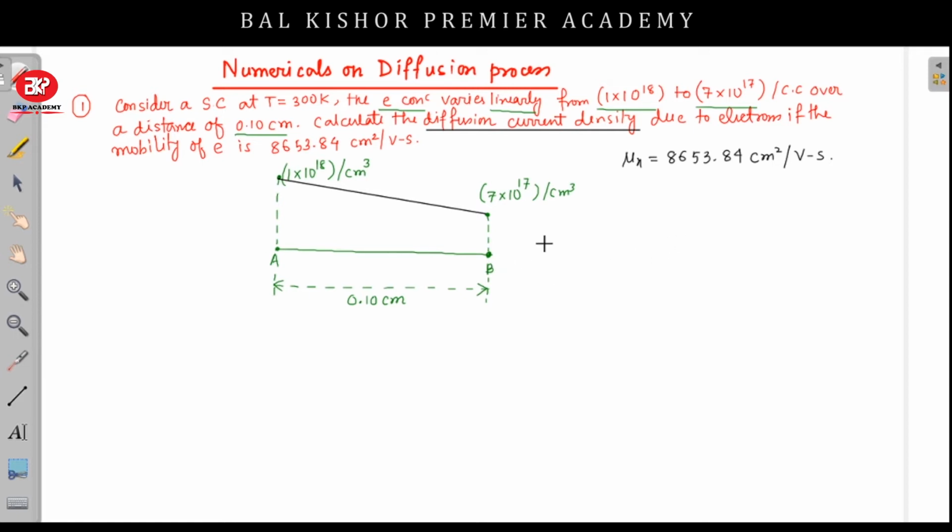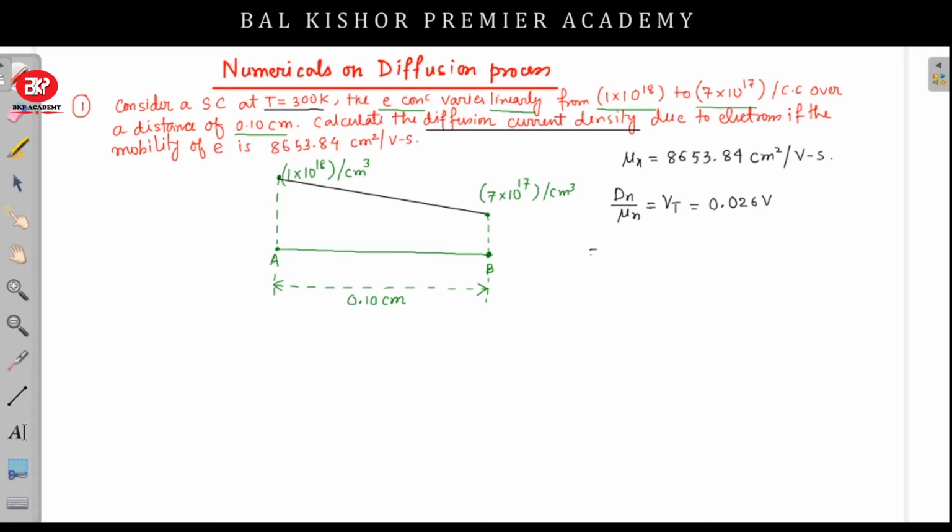According to the Einstein equation, Dn by mu n equals the thermal voltage Vt, and the temperature is given as 300 K. At 300 K, this value Vt is nothing but 0.026 volt, that is, 26 millivolt.